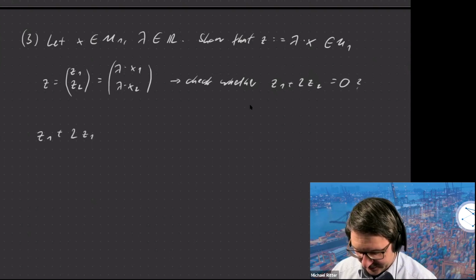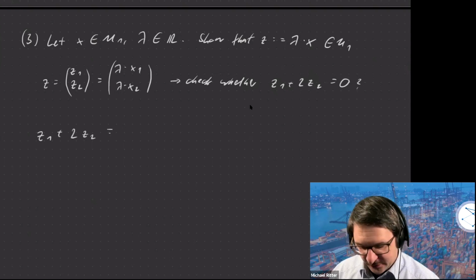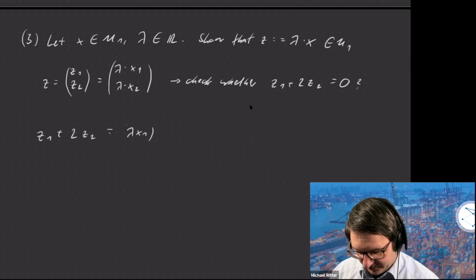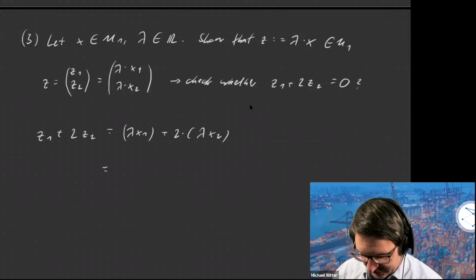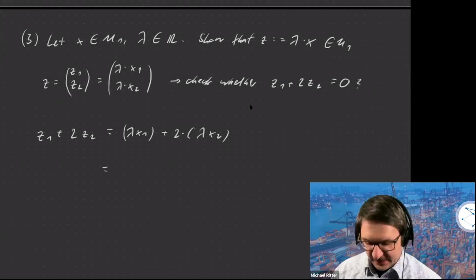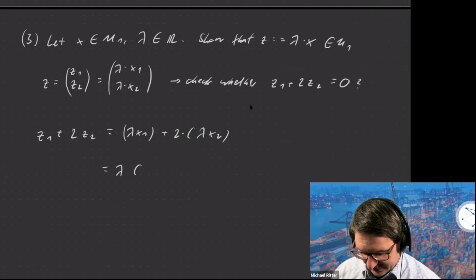And let's just write that down. First coordinate is lambda x1. Second coordinate is lambda x2. So obviously we can factor out the lambda. That is lambda times (x1 plus 2x2).